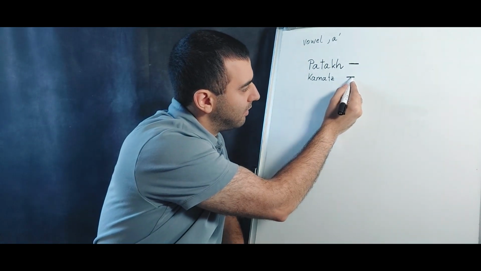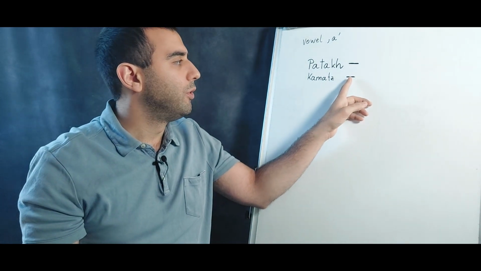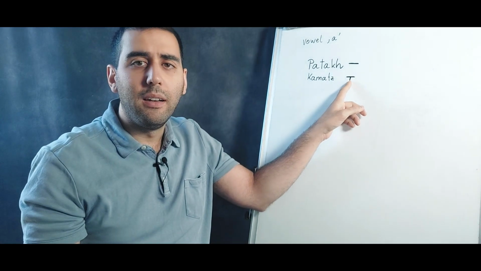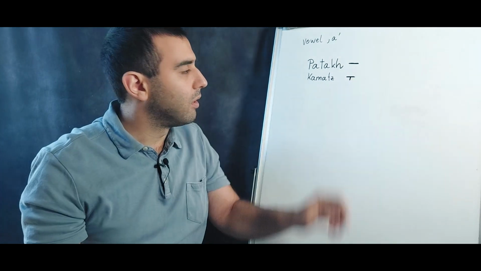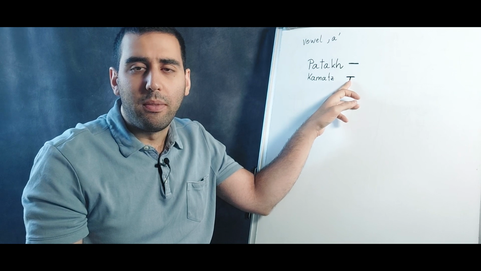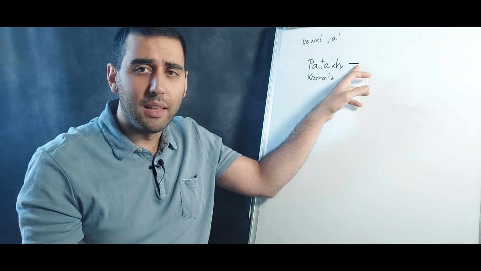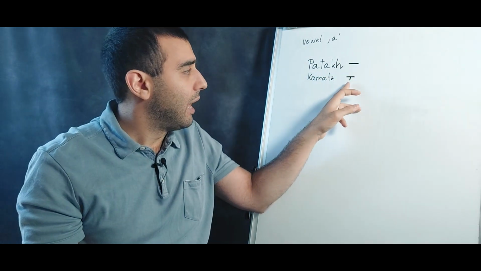Let's make it the same length. But we have also this vertical line connected to the horizontal line. And this looks like a T, right? When you write the T in a big letter. So we have the Patakh, that's an ah. And we have the Kamatz, that's also ah.